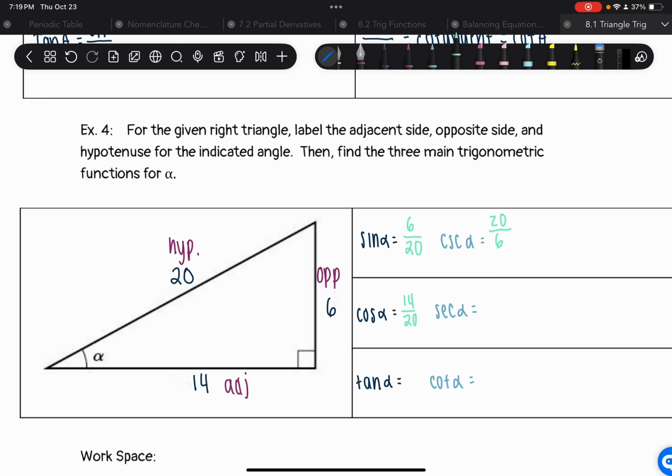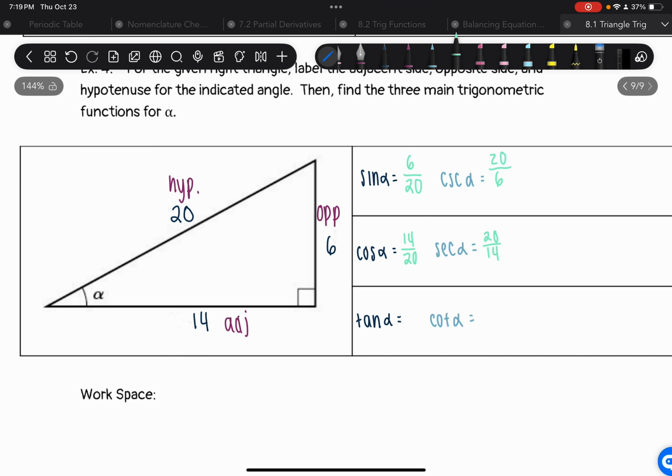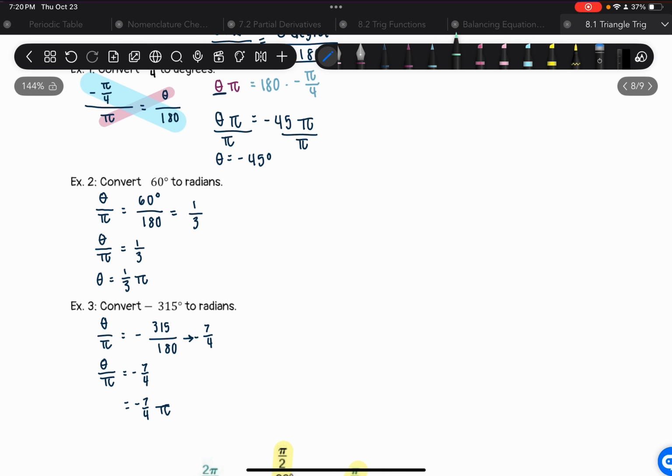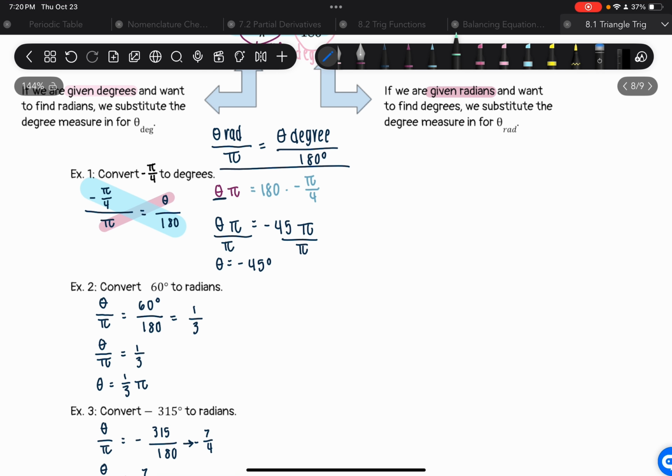And then if I flip that to get secant, I would have 20 over 14. And then my tangent is opposite over adjacent, which is 6 over 14. And then if I flip it to get my cotangent, it would be 14 over 6. So those are our 6 trig functions, and how we convert from degrees to radians and radians to degrees.